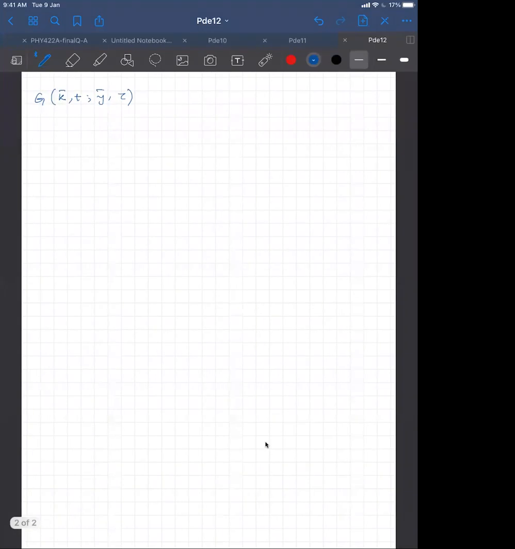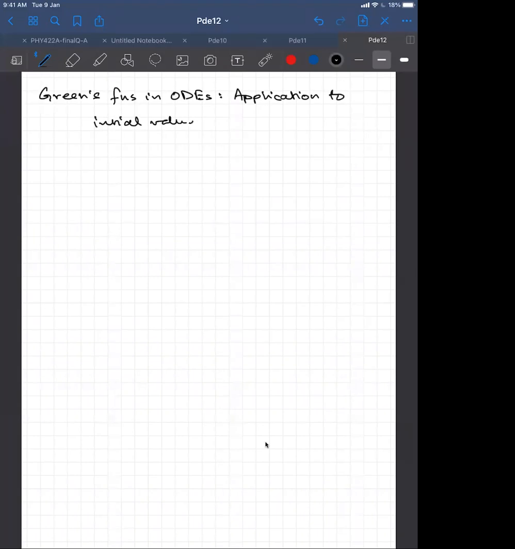Let me pause and get back to something I should have done earlier, before I write down the solution to this problem: the application to initial value problems in ODEs. This is going to be a detour of what we should have done earlier, but I forgot.